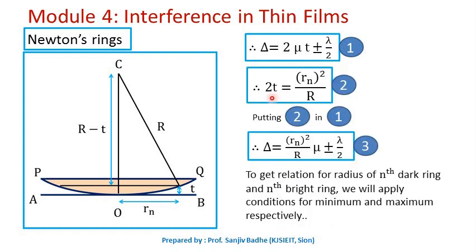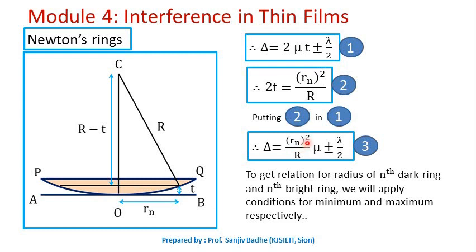When we substitute the value of 2t equal to Rn square upon R from equation 2 into equation 1 for optical path difference, the optical path difference can be obtained as Rn square upon R times mu plus or minus lambda by 2. Let us call this equation number 3. So we have obtained the value of optical path difference in terms of radius of nth ring.